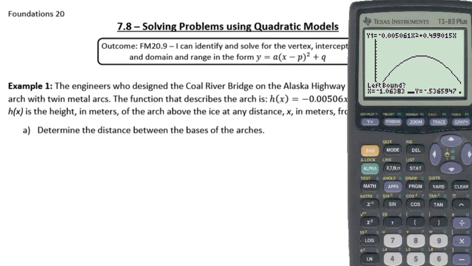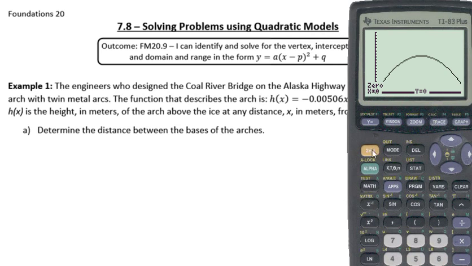So yes, I'm left bound. Now I need to go right when my y is positive. Yes, guess. So that is 0 and 0, which we kind of could see, but just to verify, my x is 0, y is 0 and 0.